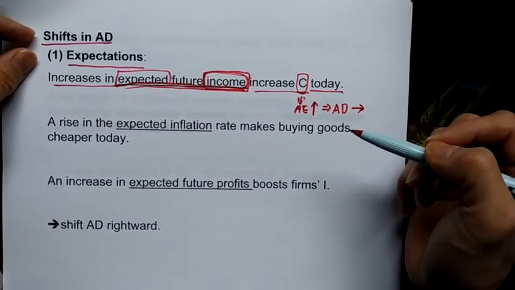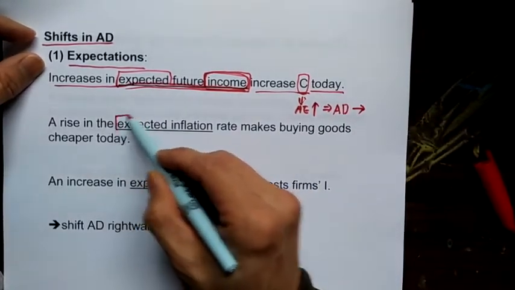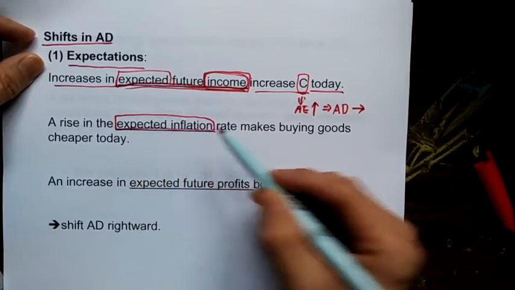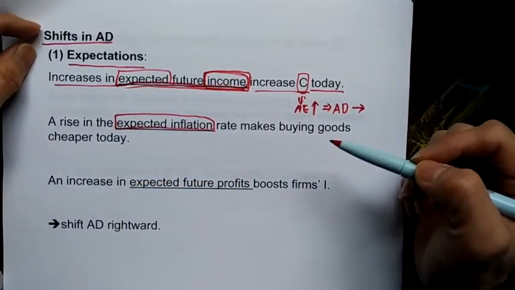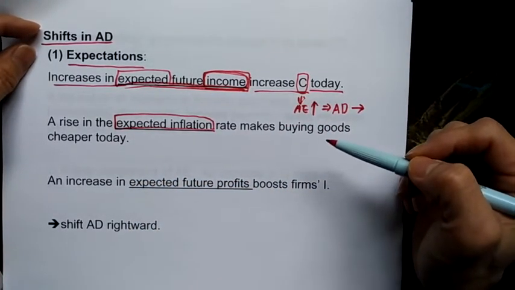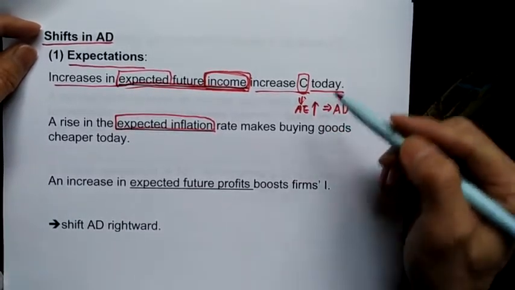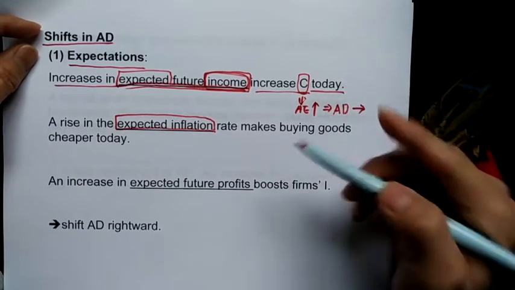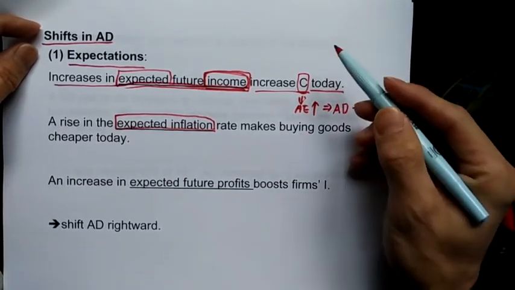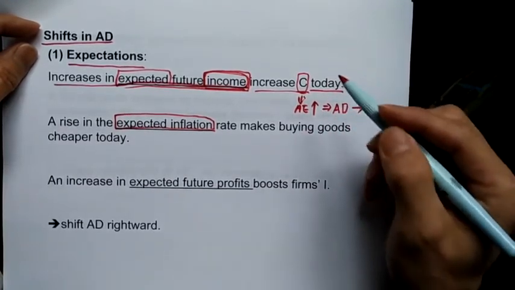Second, if you expect the toilet paper price to go up in the future, what should you do now? The answer is drive to Walmart and buy a whole bunch of toilet paper.